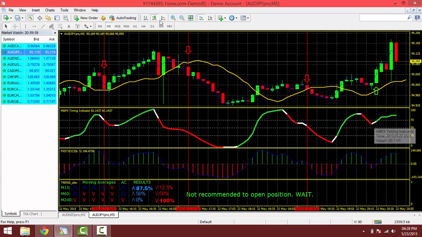This one right here would have been a winner. However, I would not have taken it because sometimes it looks good and it's going up, the moving average is going up, the MBFX is going up, everything's going up, and it's happened to me many times where it goes up way too fast and comes back down within your 15-minute trade. That's the reason why I like sticking to my downtrends.